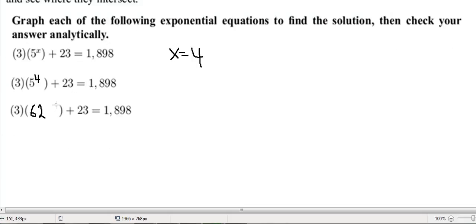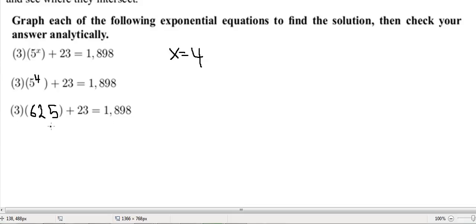So we can say that 3 times 625 plus 23 should equal 1898.